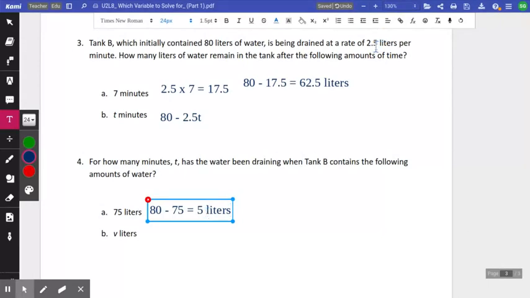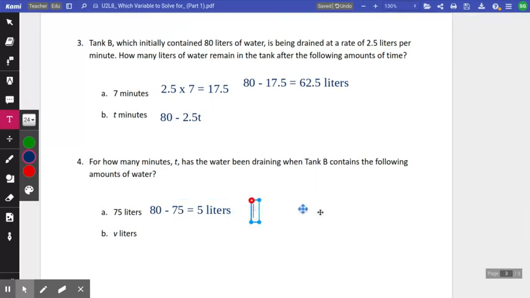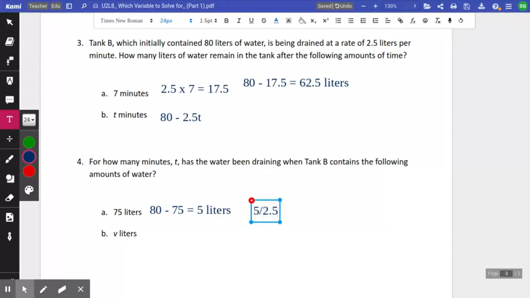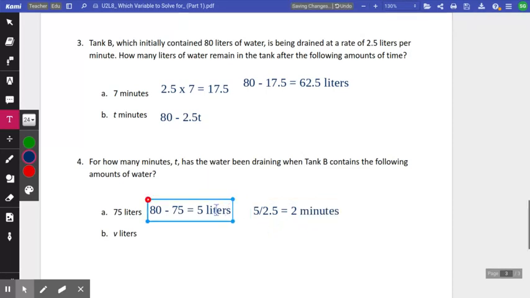If 2.5 liters are being drained per minute, how much time has gone by then? Well, we have to take the 5 liters that have been drained and divide it by the 2.5 liters per minute, and that leaves us with 2. 2 minutes must have gone by. Looking at 5 liters being drained, that makes sense. 1 minute is 2.5 liters, so double that, 2 minutes would be 5 liters. And if 5 liters have drained, 75 liters are left.